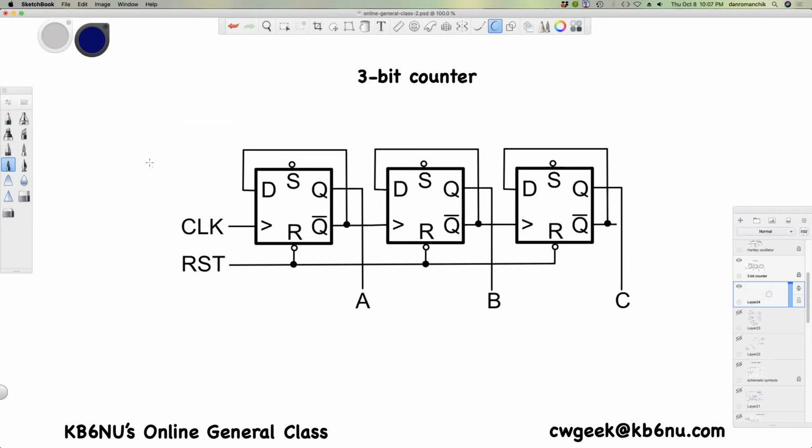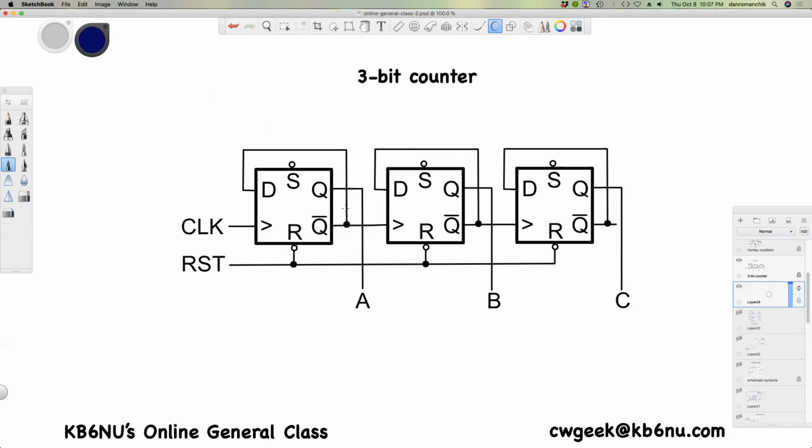Whatever value is on D will appear at Q, and the inverse will appear at Q bar. So if D is 1 when there's a clock pulse, then this is 1 and this is 0. If D is 0 when there's a clock pulse, then this will be 0 and this will be 1.